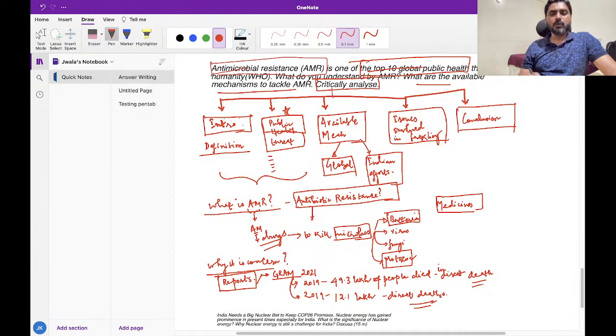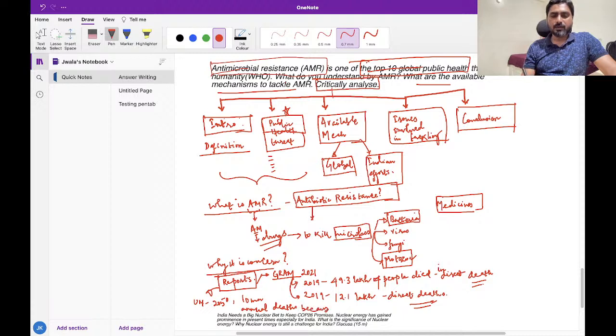So you can point out that this report is saying that so many people are dying because of antimicrobial resistance. Another report, of the UN, gives a projection that by 2050 the world will see 10 million annual deaths because of AMR.